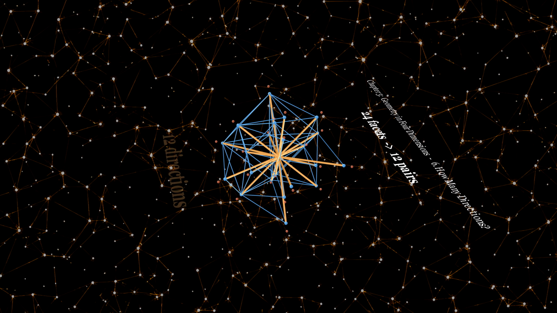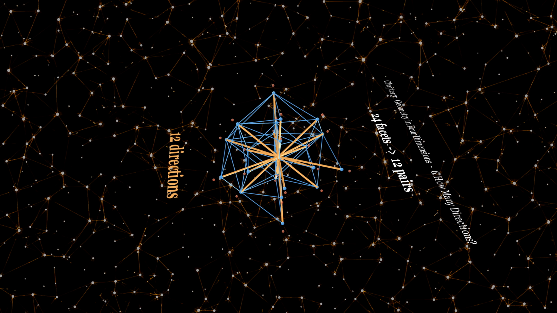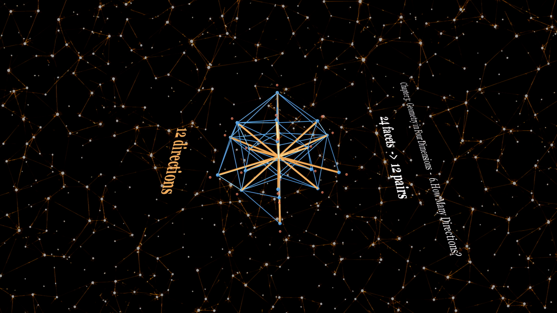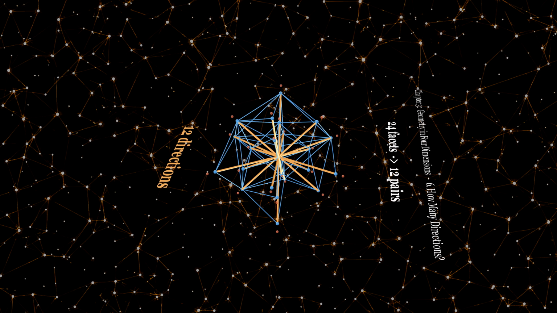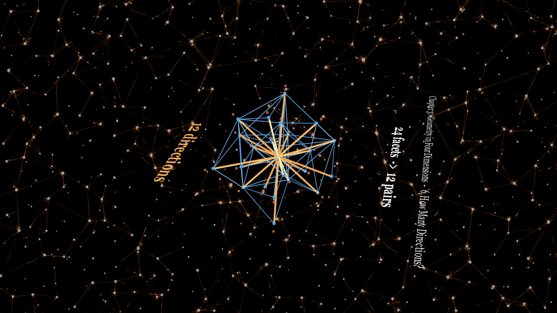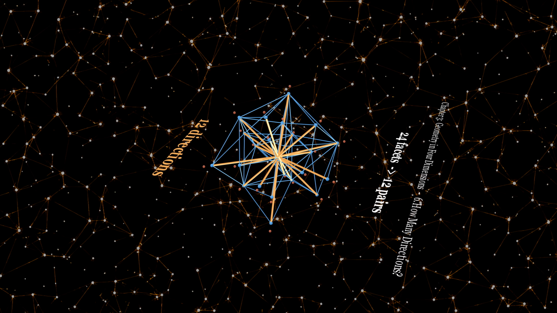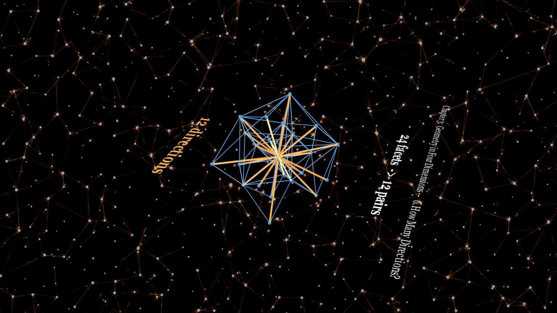But there is an even more direct way to see it. Look at the D4 roots. Every root has the form plus or minus 1, plus or minus 1, 0, 0, with the positions of the 2 non-zero coordinates chosen in all possible ways. First, choose which 2 of the 4 coordinates are non-zero.